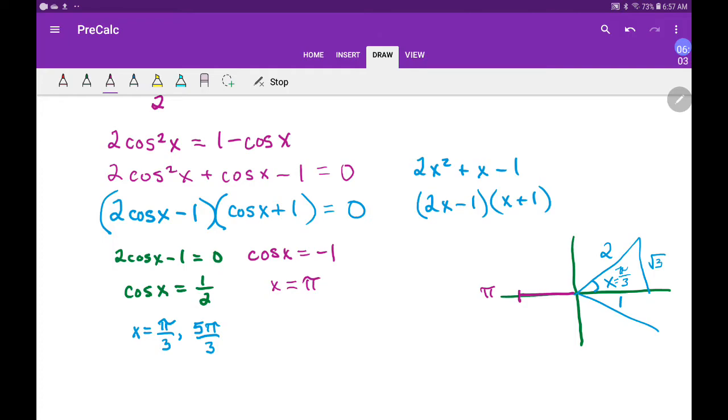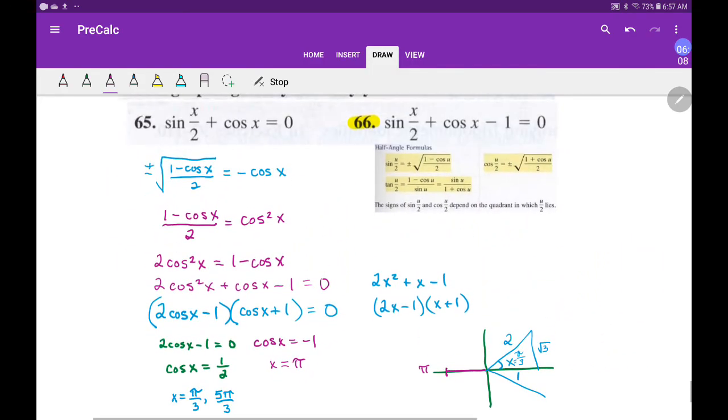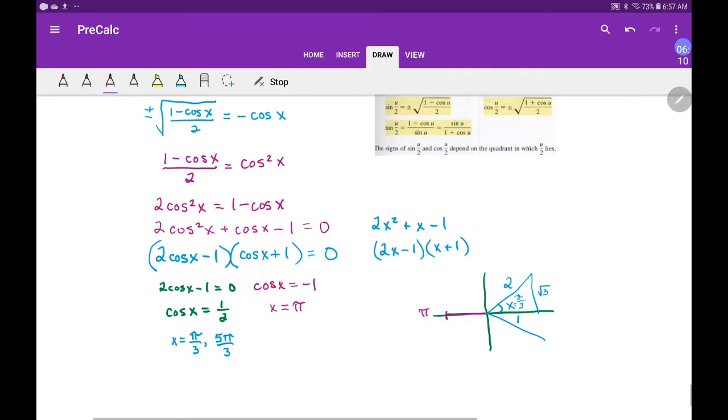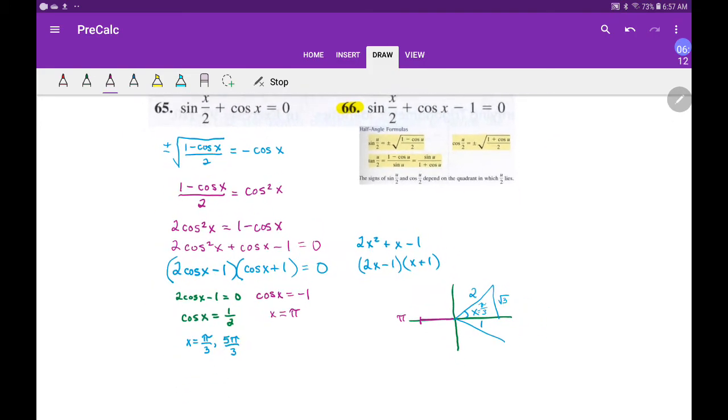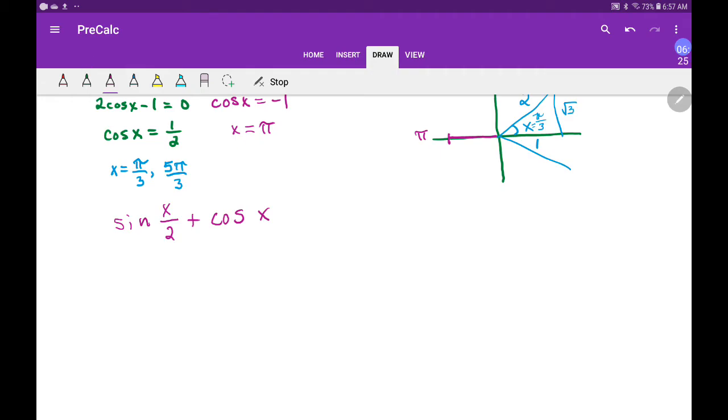Okay, so let's try these out because I squared it, so I want to make sure. So let me write this again. We'll say the sine of x over 2 plus cosine x, and I'm going to try my answers out.